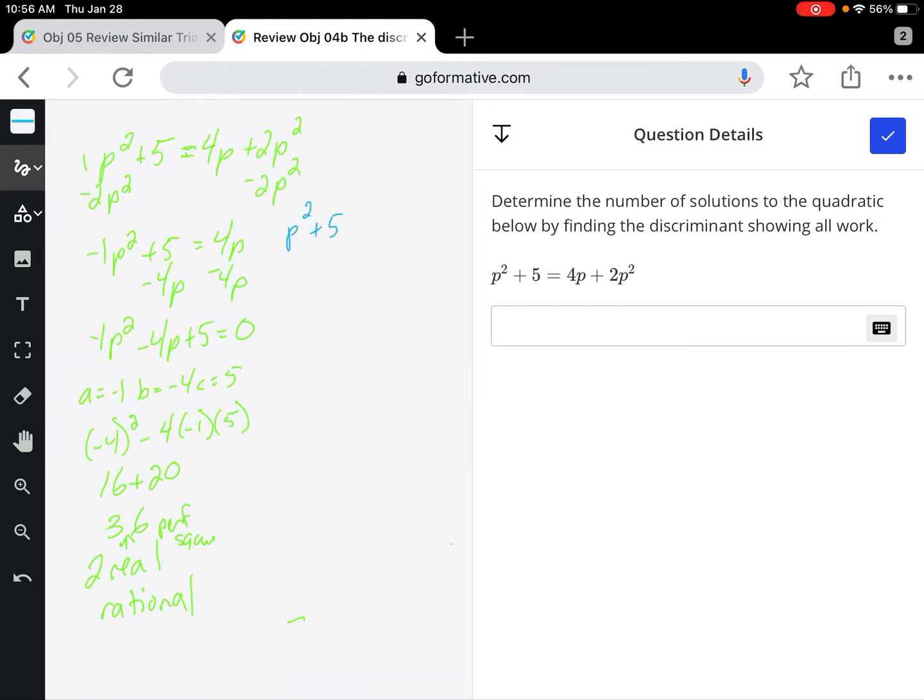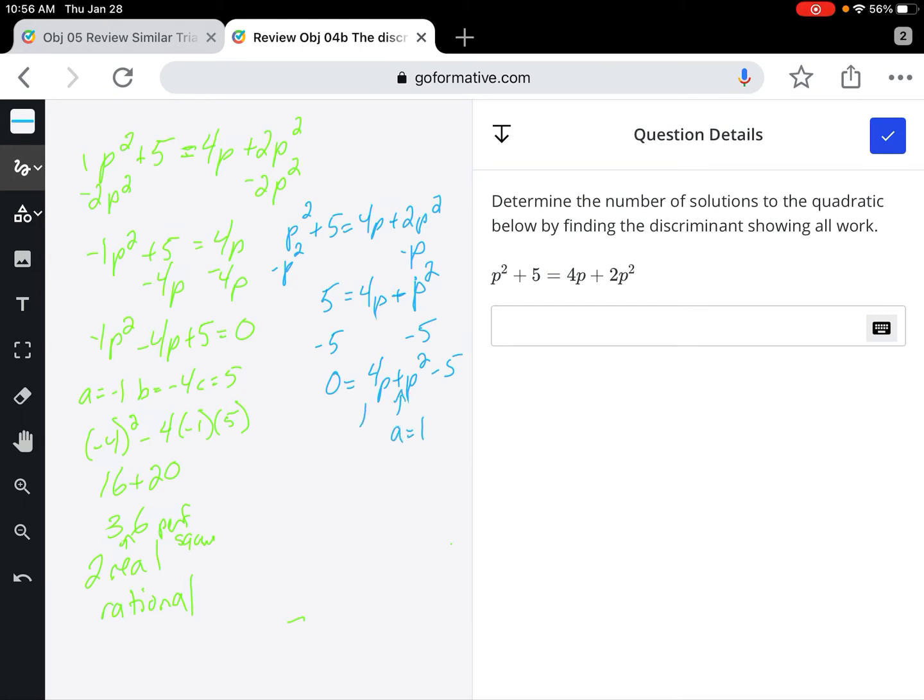If you went the other way, so I had my p squared plus 5 is equal to 4p plus 2p squared. I'm going to subtract my p squareds. So that's going to be 5 is equal to 4p plus p squared, or 1p squared. I subtract 5, I end up with 0 is equal to 4p plus p squared minus 5.